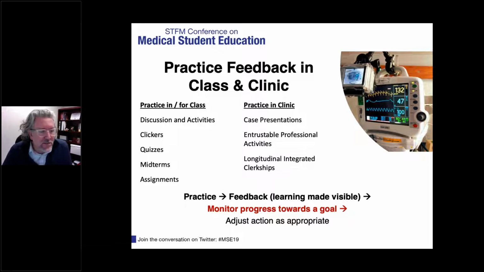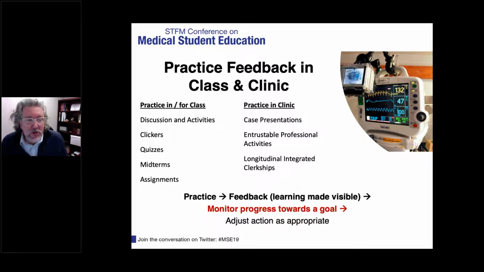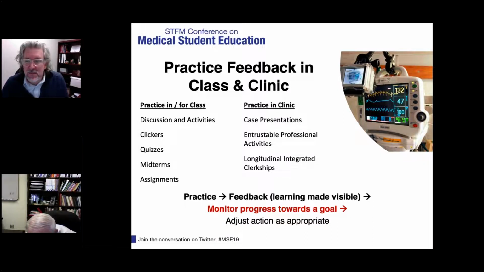Same thing with quizzes, midterms, assignments, even the use of clickers, right? But one of the issues is that students don't realize this. I don't think instructors realize this either, right? That we can use the data that we're getting to make decisions about where we need to go next.